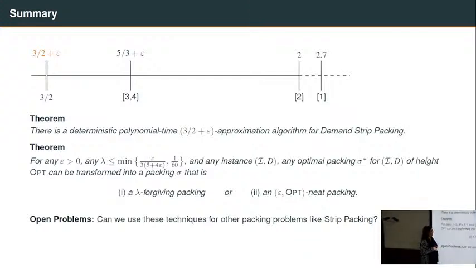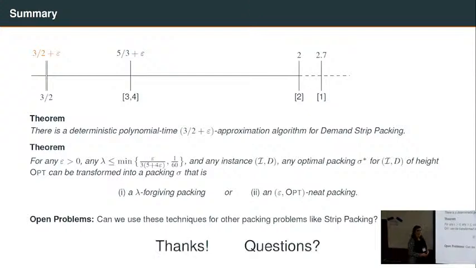So the stretching should, for example, transfer, but the squeezing does not, because the squeezing really assumes that we can split the items and shift them down and squeeze something in. So that cannot be used, but maybe other things. Thank you very much.